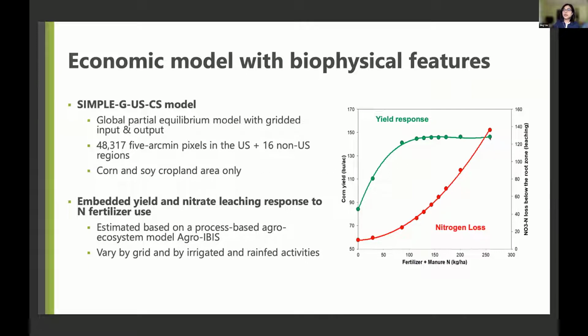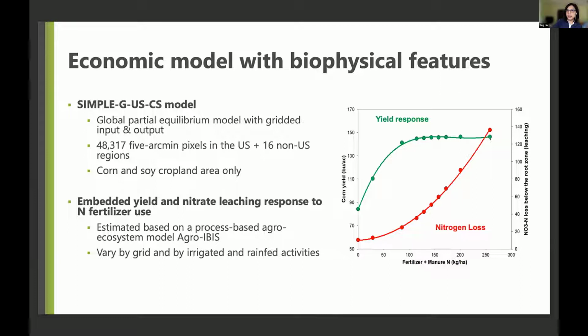And then they do have multiple modules in AgroAbis to take care of soil quality, carbon, the temperature, precipitation, as well as the, I think, root zone of the crop, so they're process based.